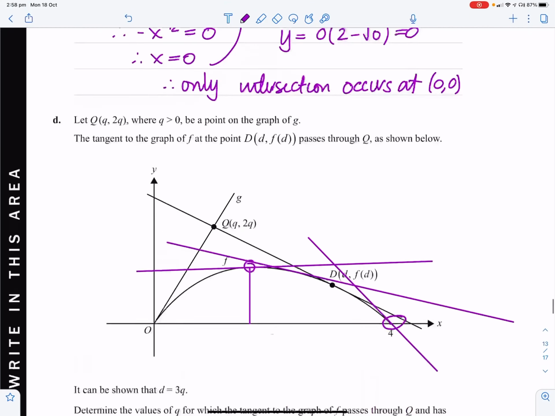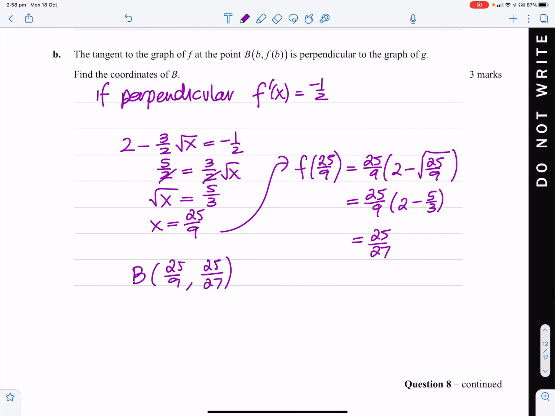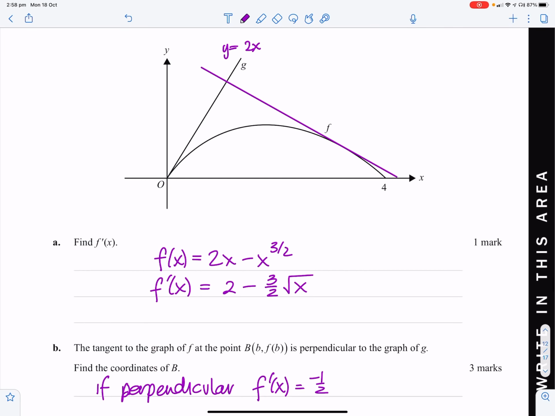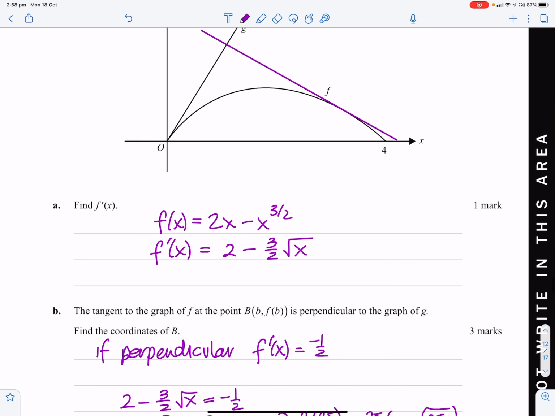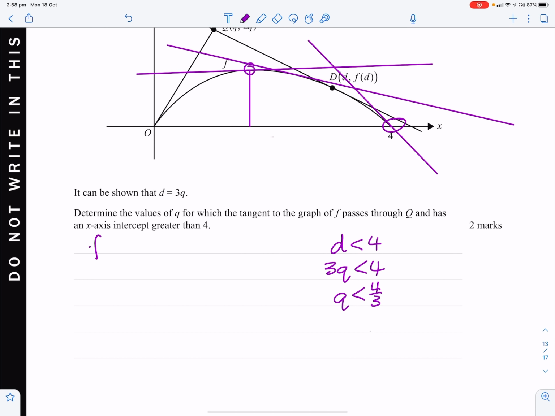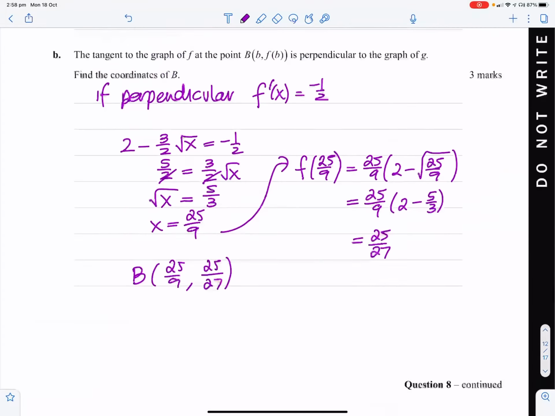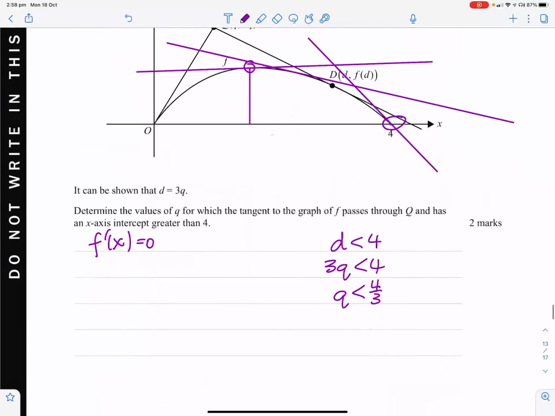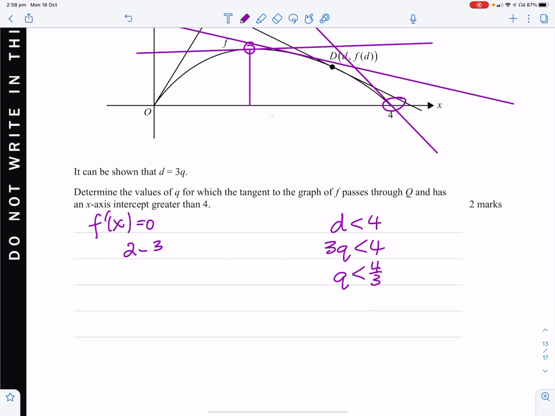This point here, the turning point, have we found that? No, but we can. F dash of x equals 0 gives us 2 minus 3 on 2 root x is 0. So we get root x.